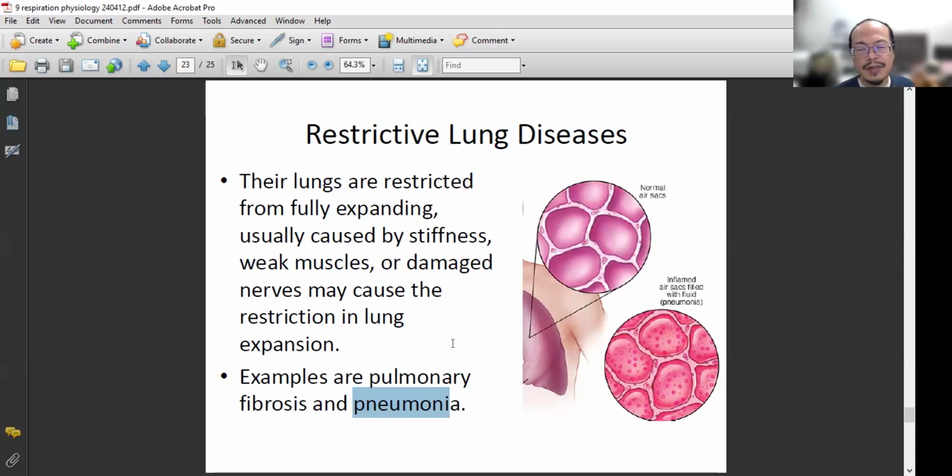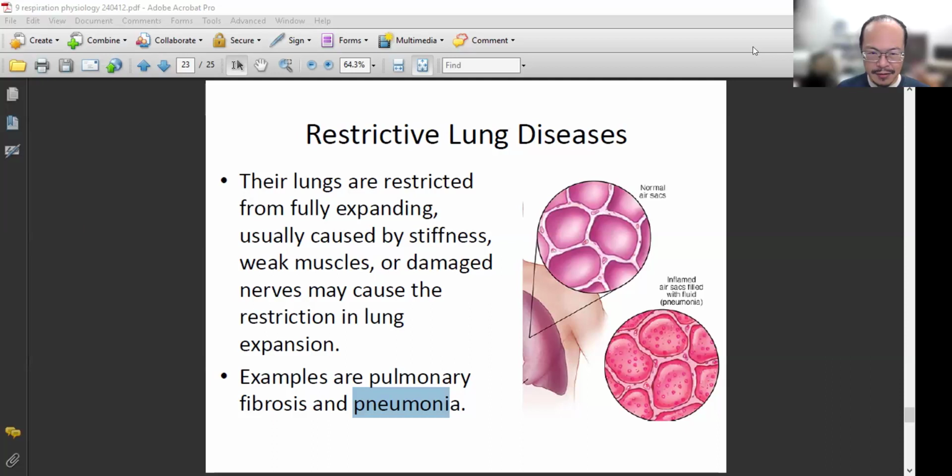Now, how do we use spirometry to determine what type of lung disease the patient has?